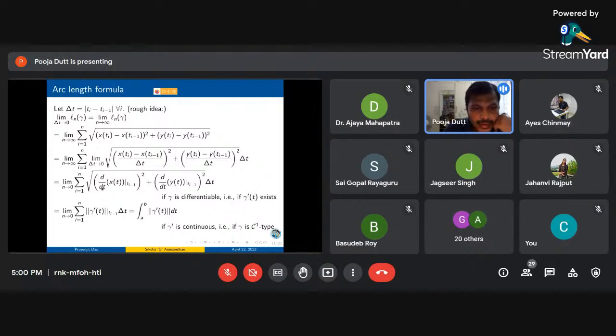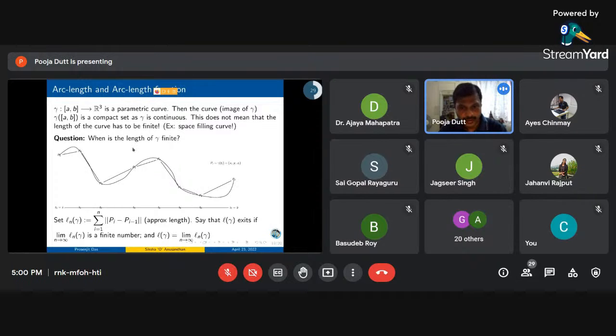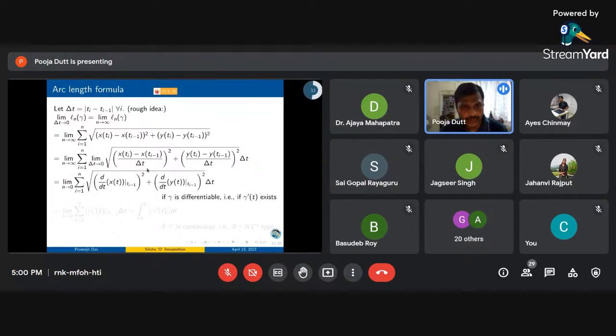In that case, we can write under the square root the derivative of the function xt, yt. So what was xt, yt? It was the curve gamma. So this gamma, if you are thinking in R2, looks like xt, yt. We can write this if gamma is differentiable.